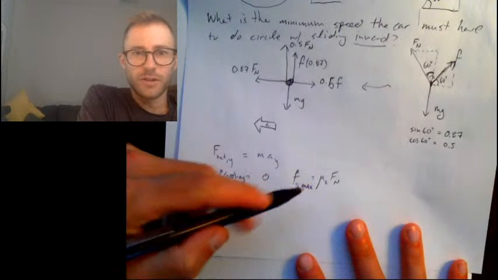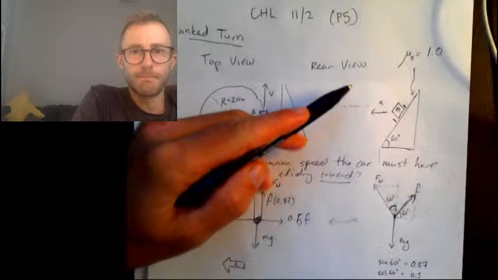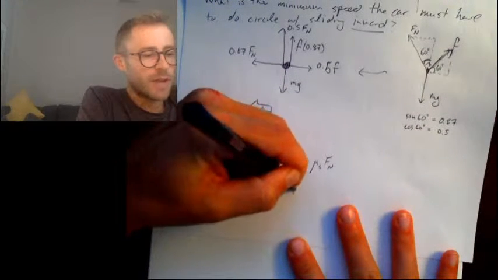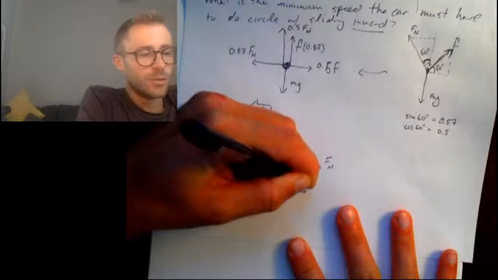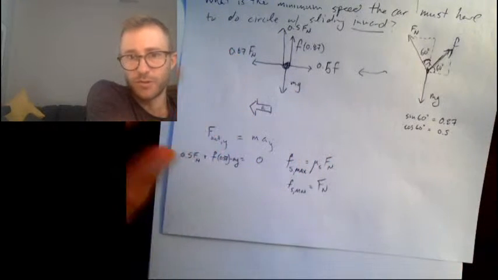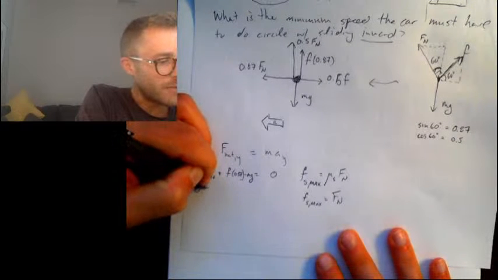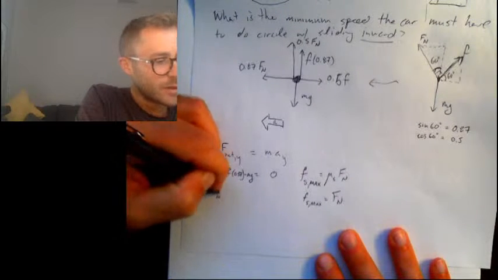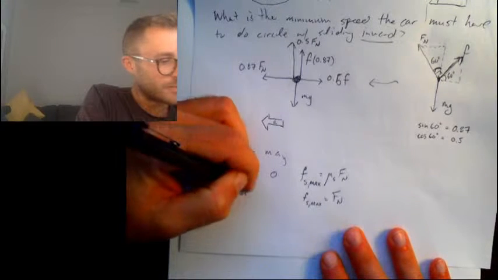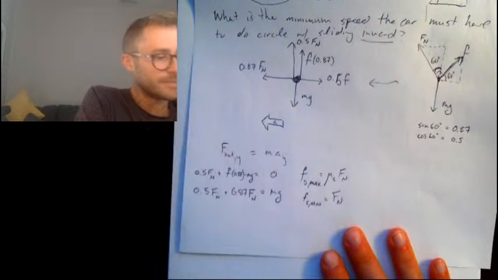The coefficient of static friction is 1.0, so basically static friction max is going to be equal to normal force in this case. They wouldn't be equal if the coefficient of static friction wasn't 1. So I have 0.5 F sub n plus 0.87 F sub n equals mg.